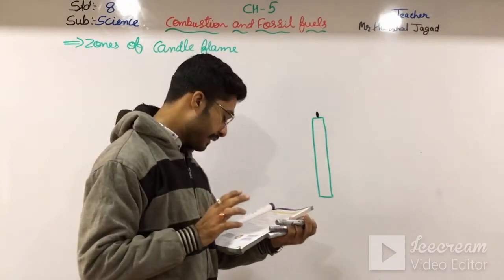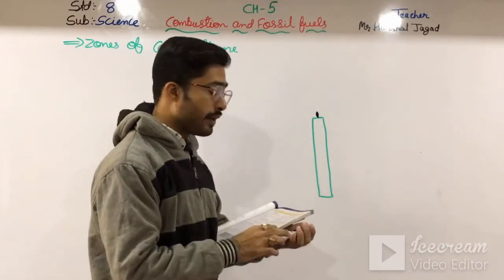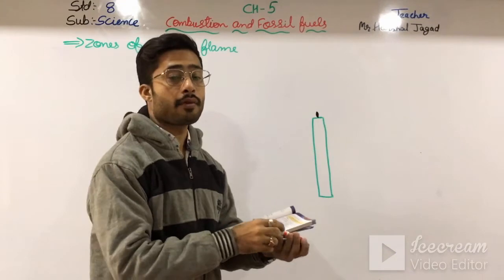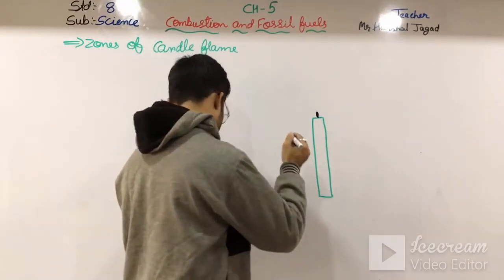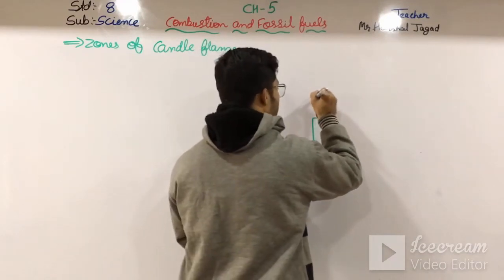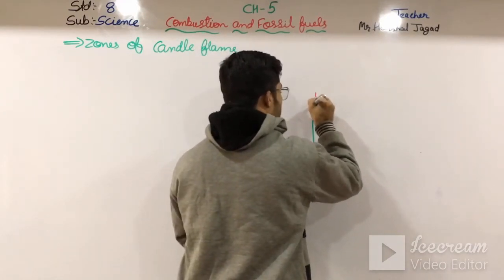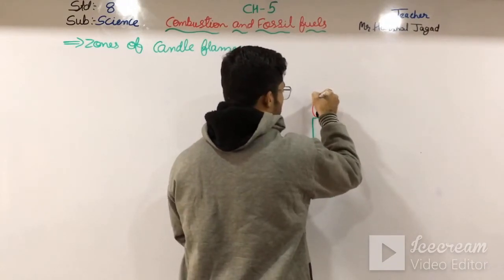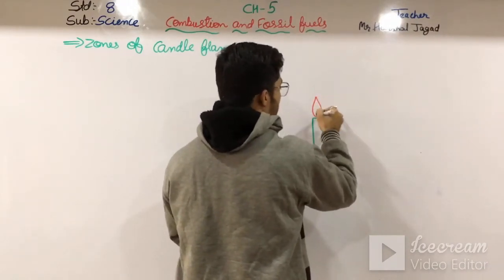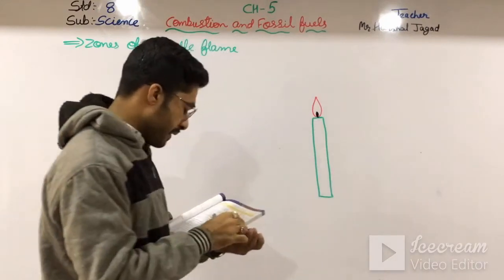And then there is the yellow zone. We don't have a yellow color marker, so I am drawing that with red color. That is the middle zone. So what is the middle zone?